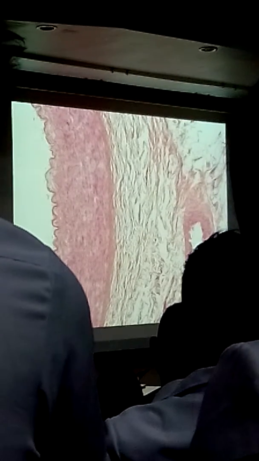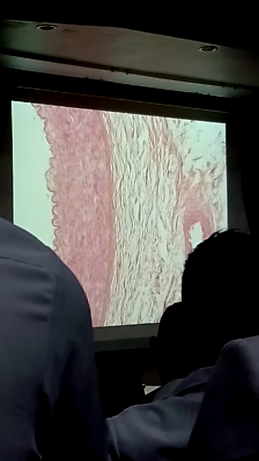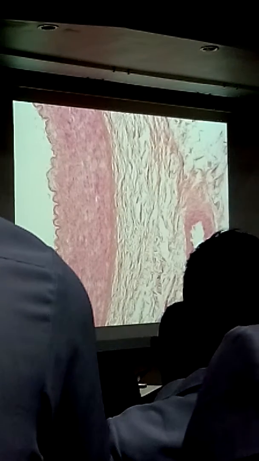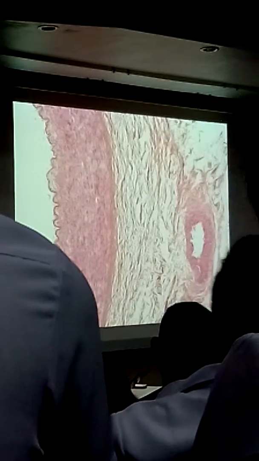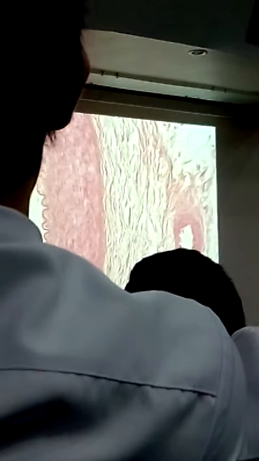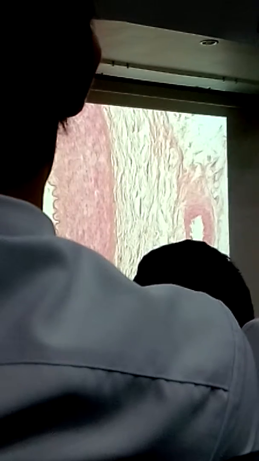So let's now go to the medium-sized arteries. What's the prominent feature of the middle-sized arteries? It has prominent what? Prominent internal elastic lamina.